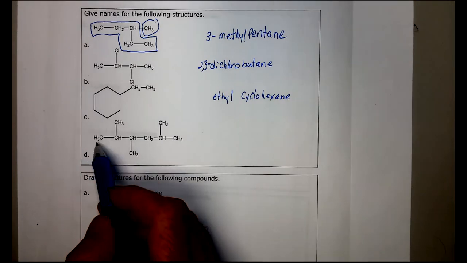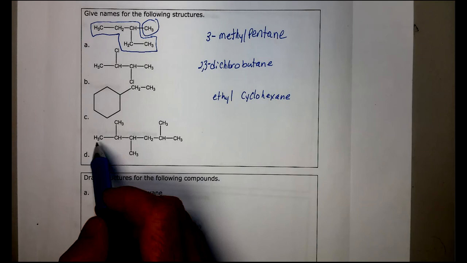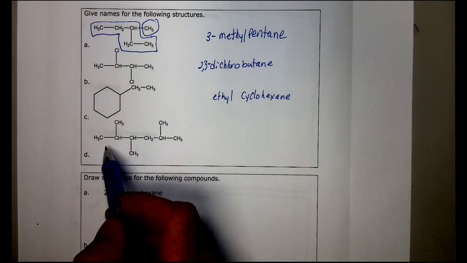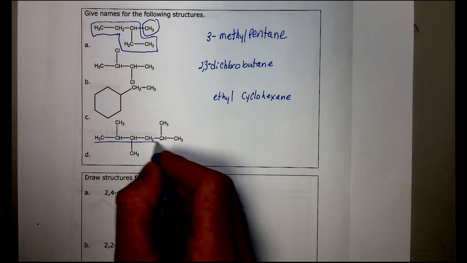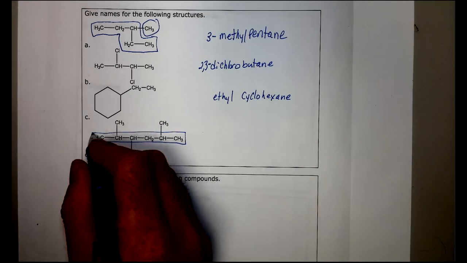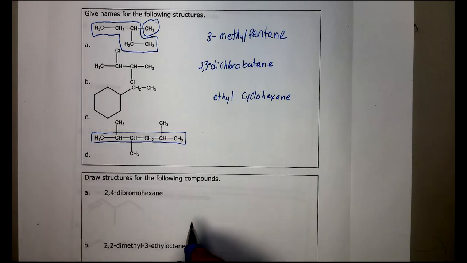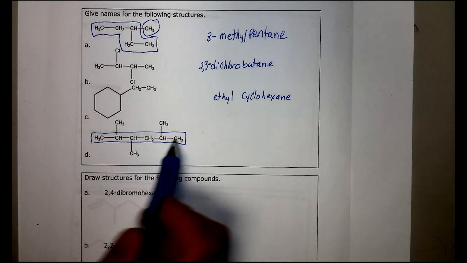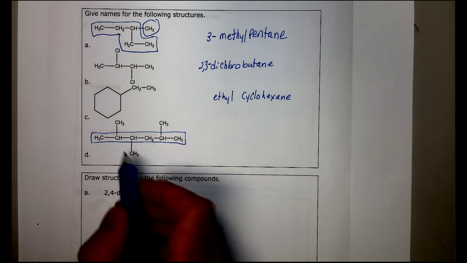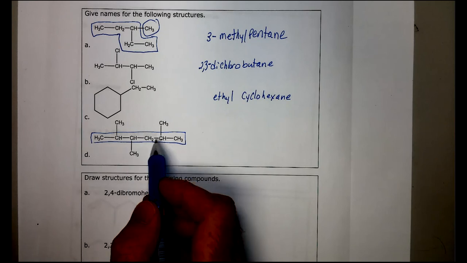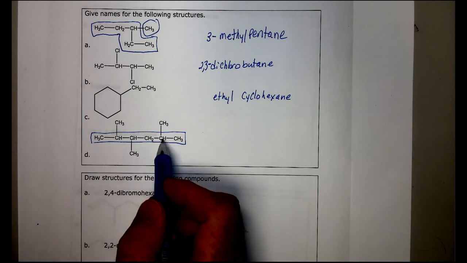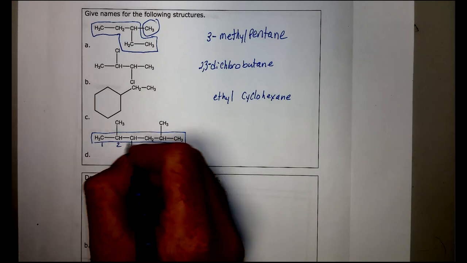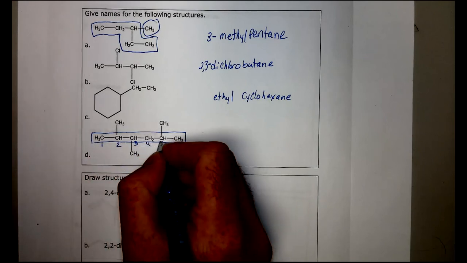Looking at the last one, we go 1, 2, 3, 4, 5, 6. Since these methyls are on carbon 2, it's not going to really matter. So we will just use this straight chain as our group. So now we number 1, 2, 3, 4, 5. 1, 2, 3, 4, 5, 6. Now this is 2, 3, 5. This would be 2, 4, 5. So we're going to number this way: 1, 2, 3, 4, 5, 6.